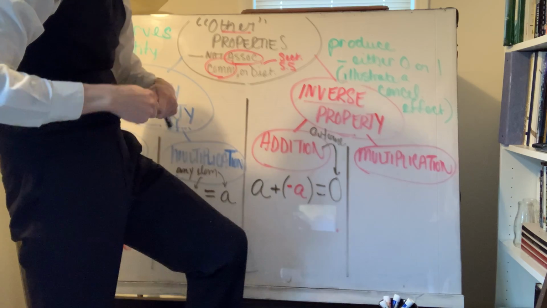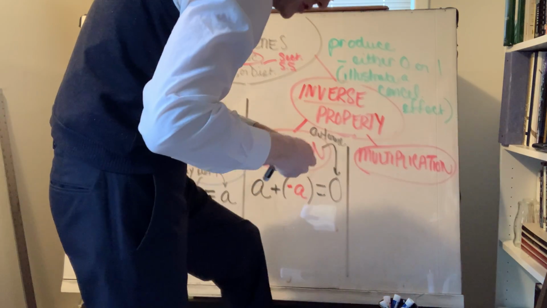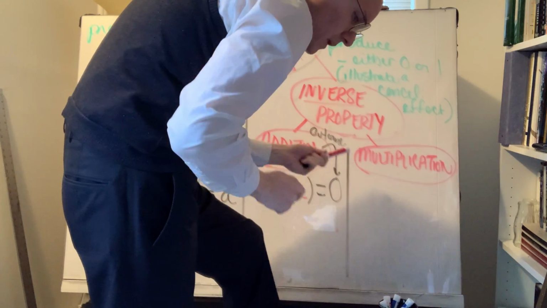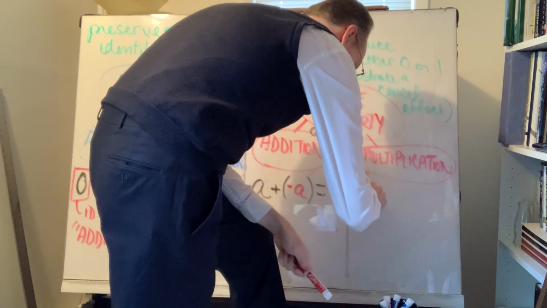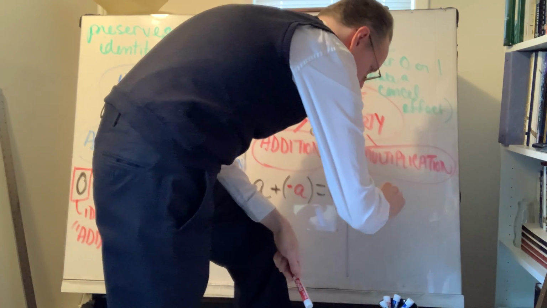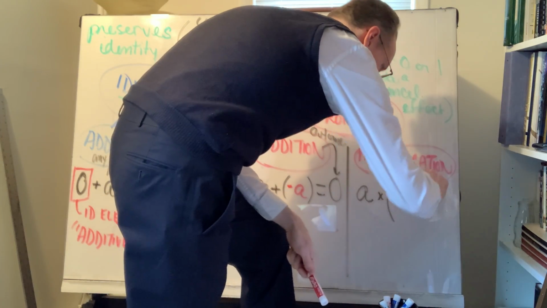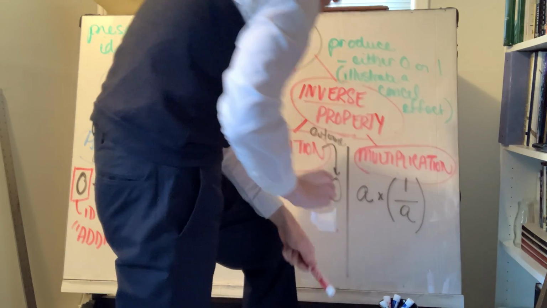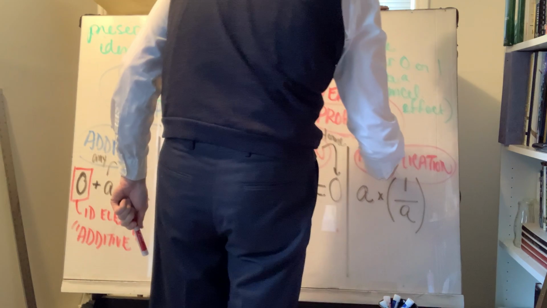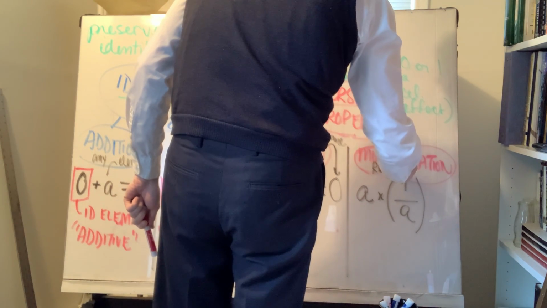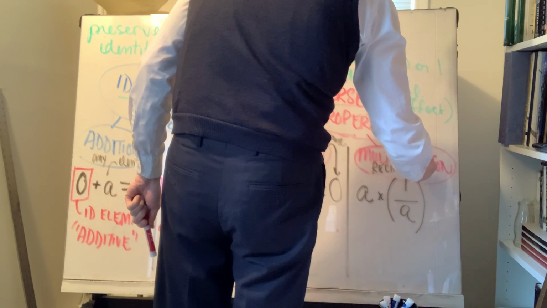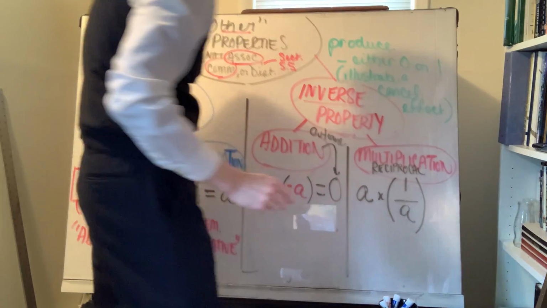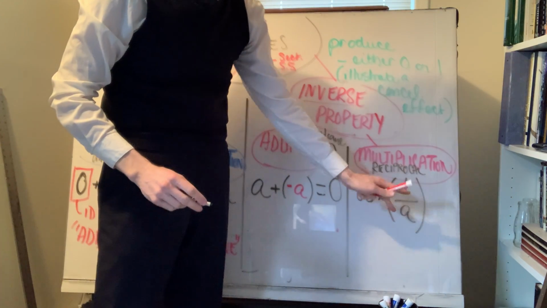Right. Similarly, I should say related, is this. If you start with a as in anything, right, and you multiply by what we normally refer to as a reciprocal. Remember, reciprocal is the sort of fancy way of saying something upside down.